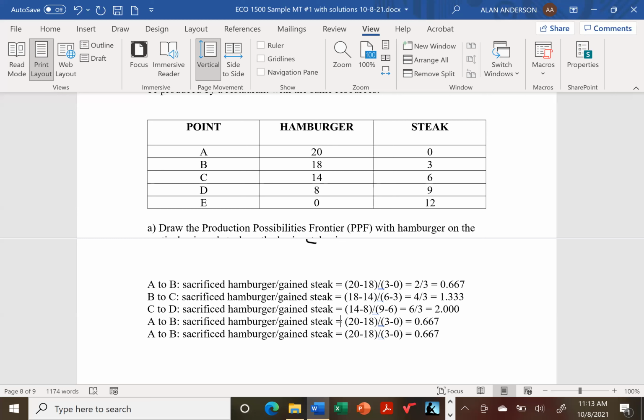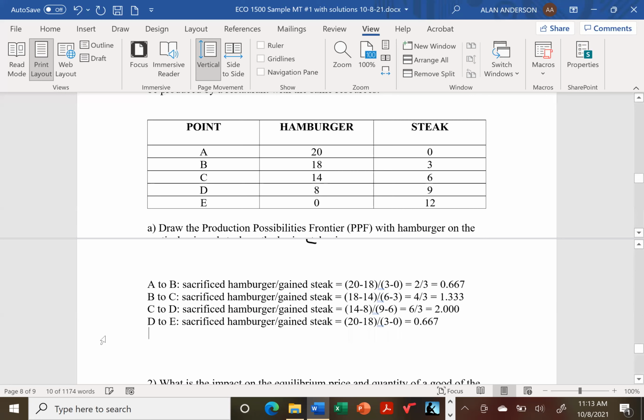And then when we go from D to E, in this last case, the hamburgers drop from 8 to 0. The steaks go from 9 to 12. And that leaves me with 8/3, which is approximately 2.667.